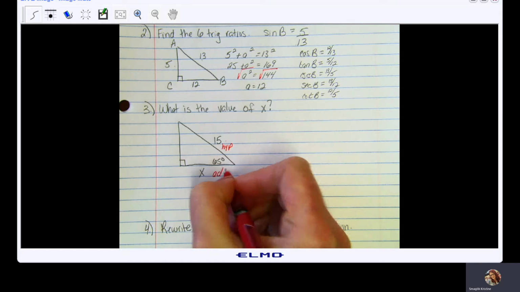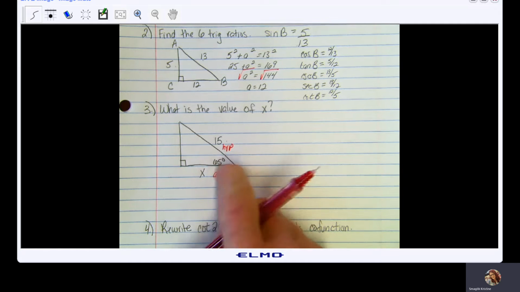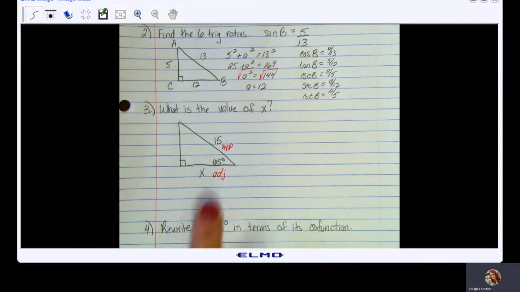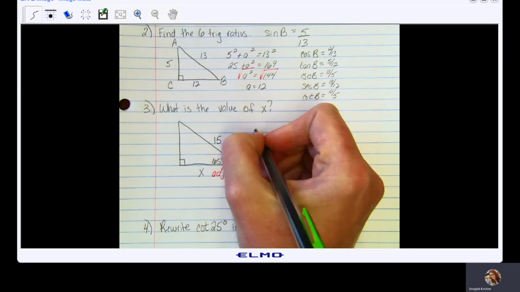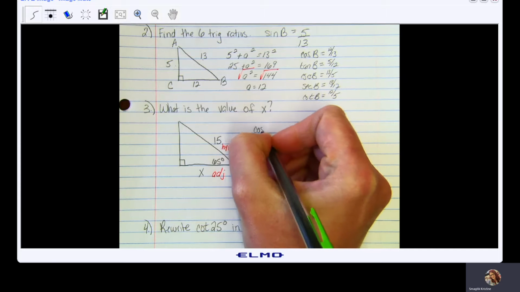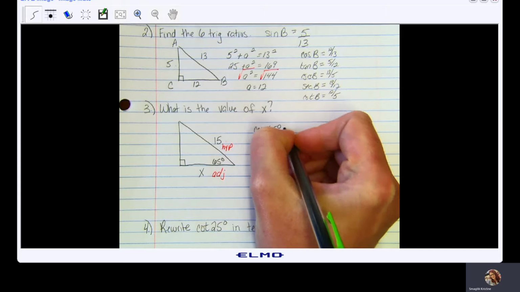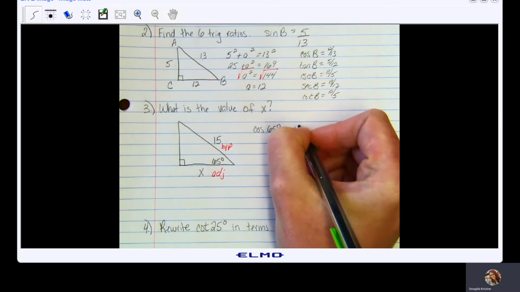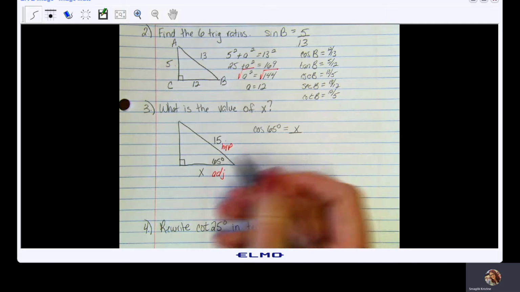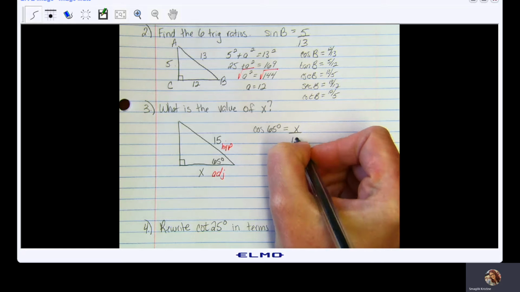Remember, the adjacent leg and the hypotenuse form the angle that you're looking at. So then I have to think to myself, okay, so what trig ratio uses adjacent and hypotenuse? And that would be cosine. So that means I have cosine of 65 degrees equals adjacent, which is x, over hypotenuse, which is 15.